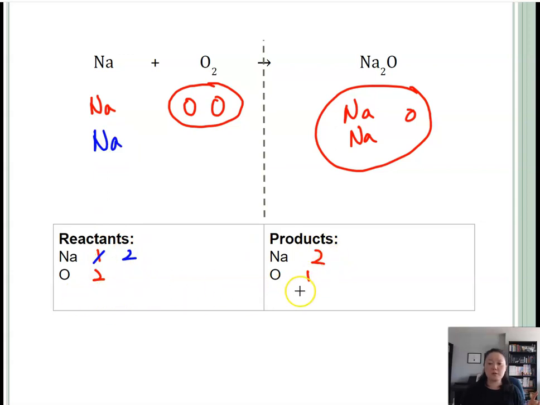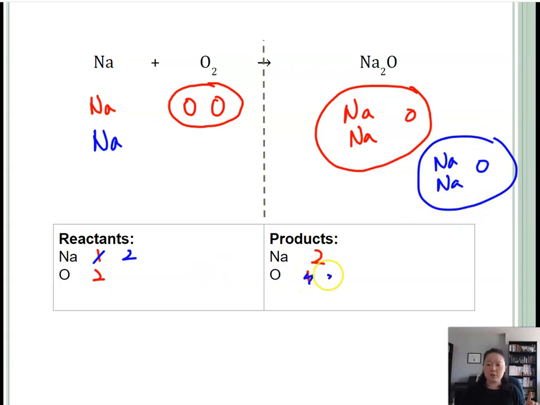Now in terms of our oxygen, you need more oxygens on the right, so that means we have to add another one of this whole thing. In which case, yes, our oxygens are now balanced, but we also have 4 sodiums on the right. So if that's the case, we need to go back and add some more sodiums. And now everything is balanced. Make sure you use your coefficients to indicate how many of each of these you have. And that's it.